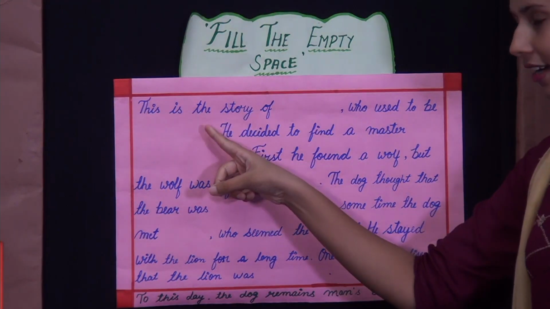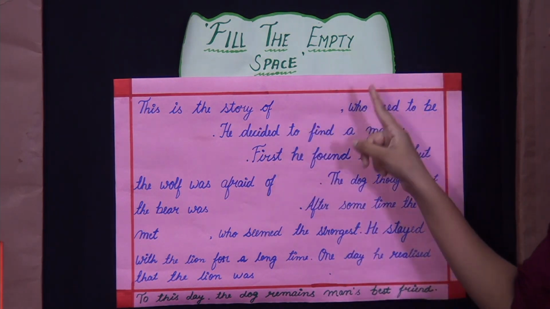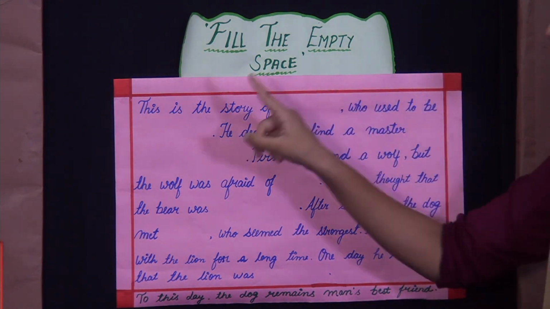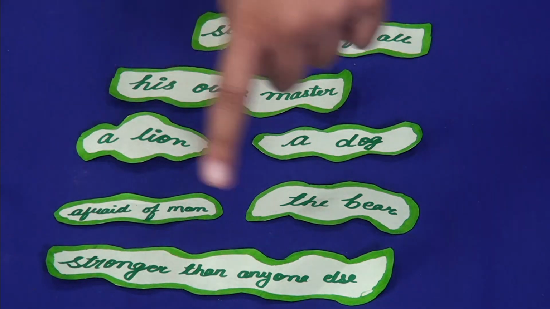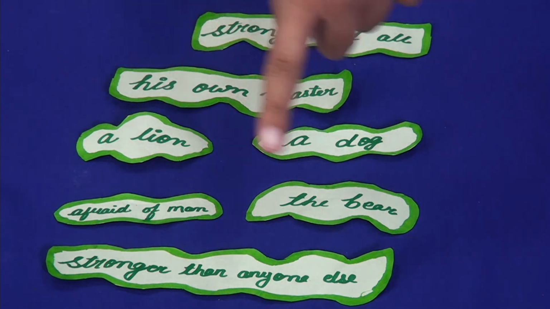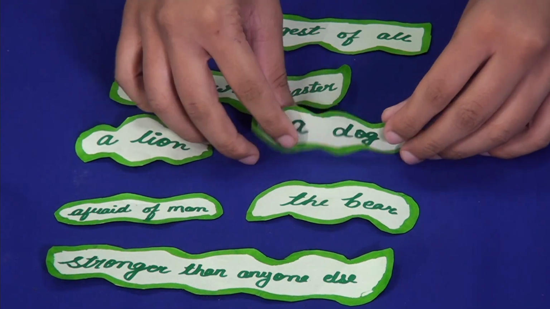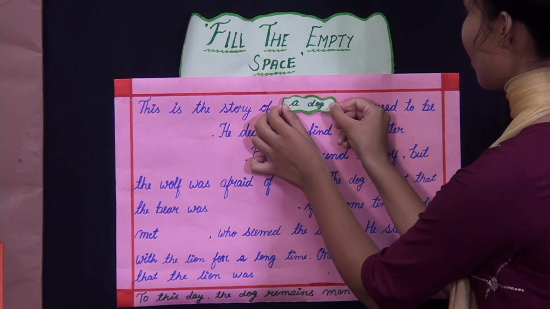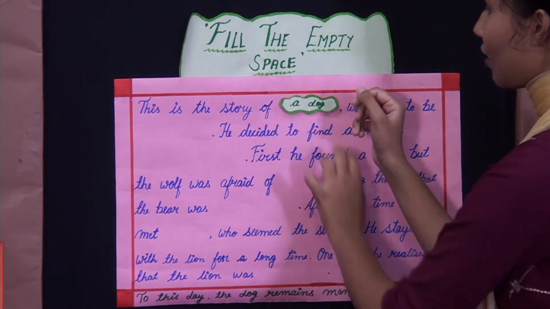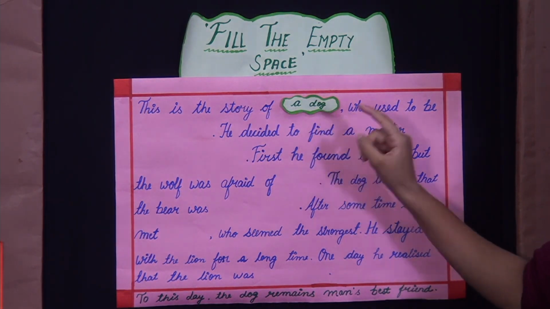This is the story of a space who used to be a space. Now, choose the correct answer from these paper cutouts. Yes, in the first space, what will come? A dog. This is the story of a dog.